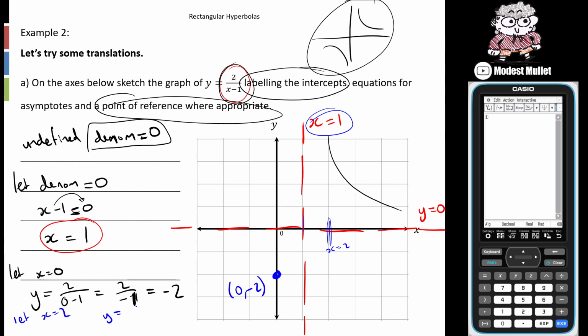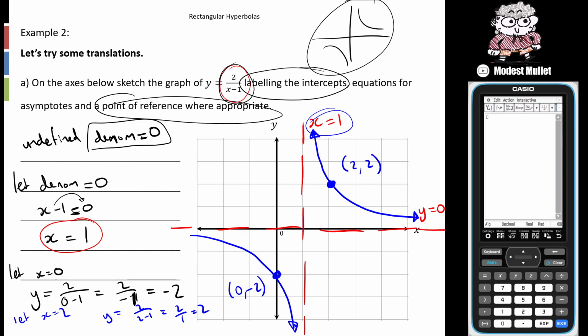So we get y is equal to 2 on 2 minus 1. 2 on 1 is equal to 2. So we get that point there, (2, 2), and draw in a line with our arrows. There we go, graph done.